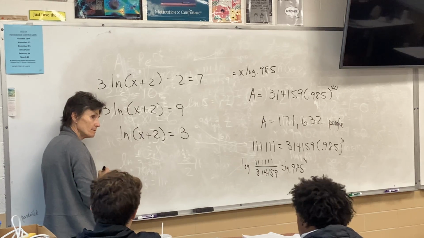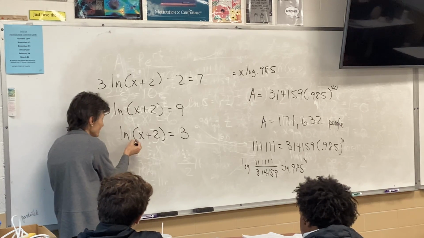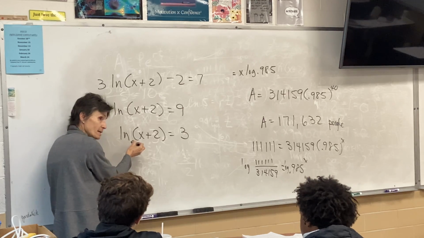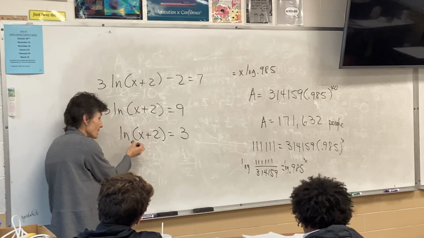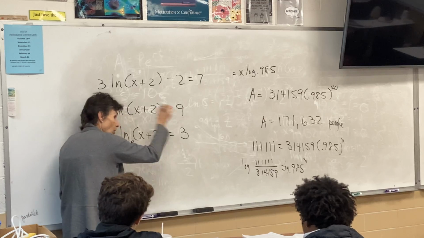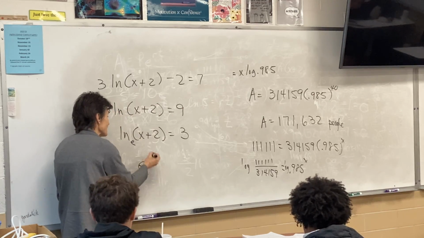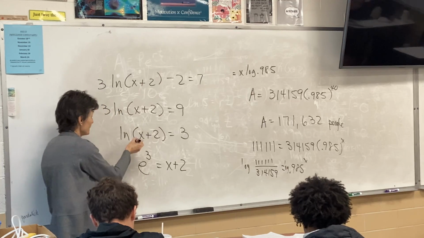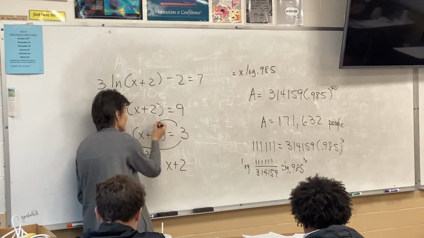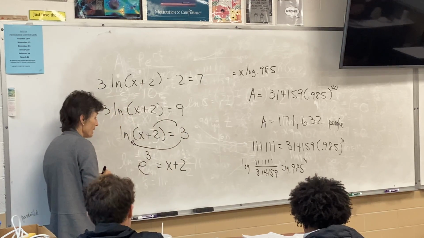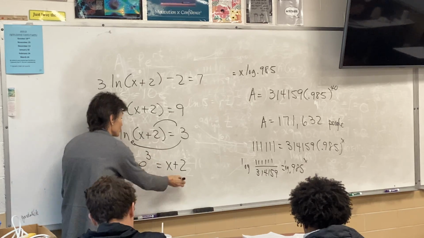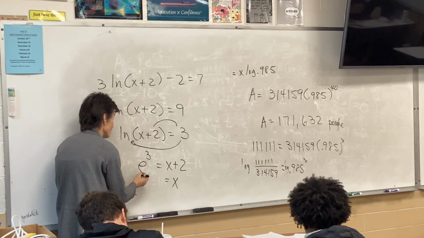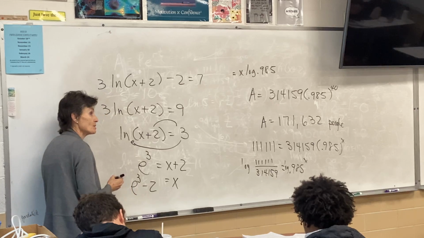And then recognize that the base here is E. And you can log roll this and get E to the third equal x plus 2. E to the third is x plus 2. And then subtract 2, so x equals E cubed minus 2.